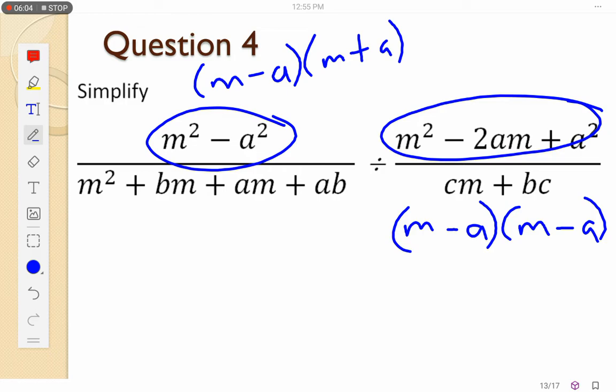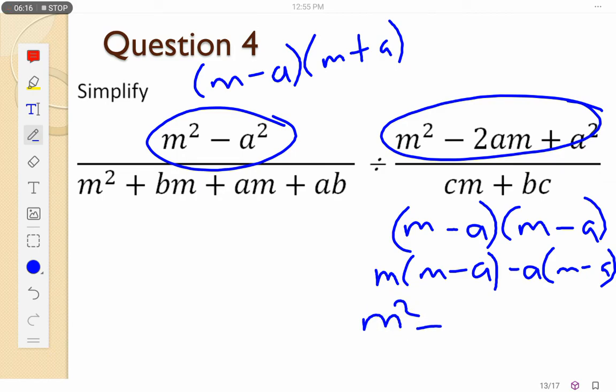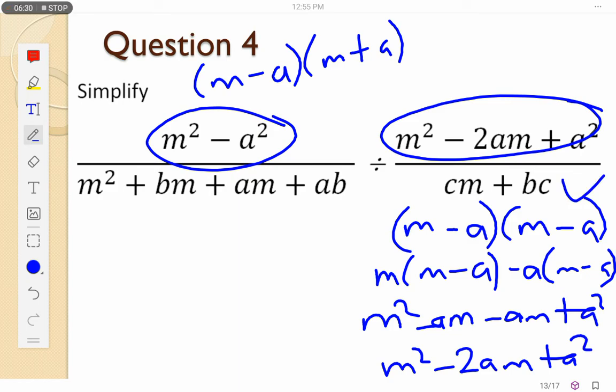Let's see. If I multiply m by m minus a, minus a, m minus a, I want to check: m squared minus am minus am, then plus a squared. So I'll get m squared minus 2am plus a squared. So that's correct. I was just checking. I was no longer sure, but anyway, that's correct.